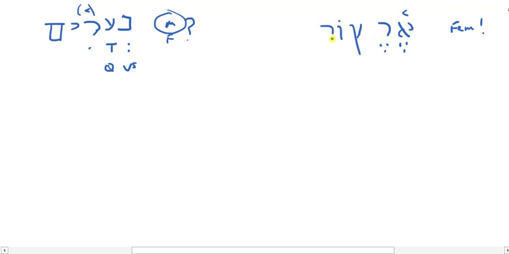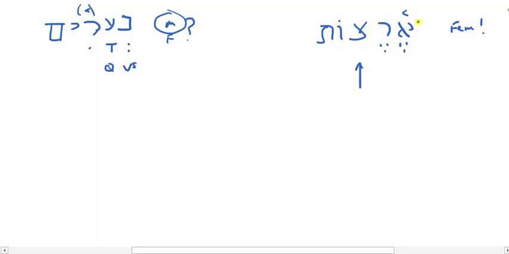I'm going to add oat to the end, right? Do you see that tsadi here on eretz? Is that a tsadi that I can leave in the middle of the word? No, so I have to change that to the non-final tsadi, right? So it's still a tsadi, we just have to rewrite it since we're adding more to the word. So I've got tsadi here.